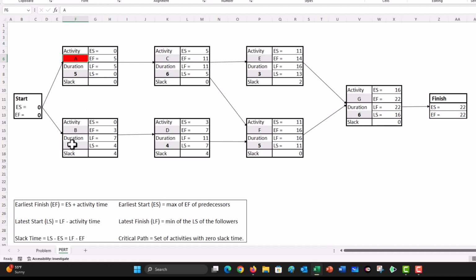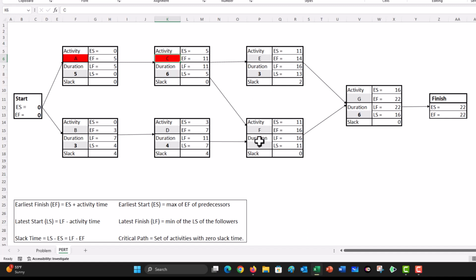We go to activity B. The slack is 4, so B is not on the critical path. We go to activity C. C has a slack of 0, therefore C is on the critical path. We go to activity D. D has a positive slack, so it's not on a critical path. We go to activity E. It has a slack of 2, it's not on the critical path.